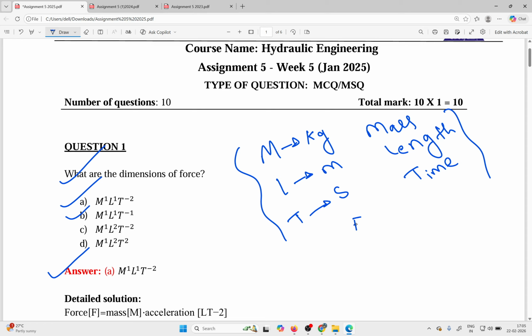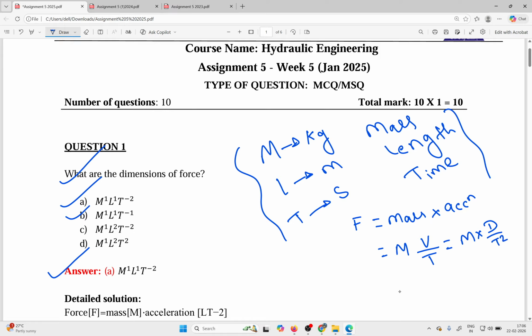In short, force is equal to mass into acceleration, as you know already. Acceleration is velocity divided by time. Velocity is nothing but distance per unit time, so we get T squared.